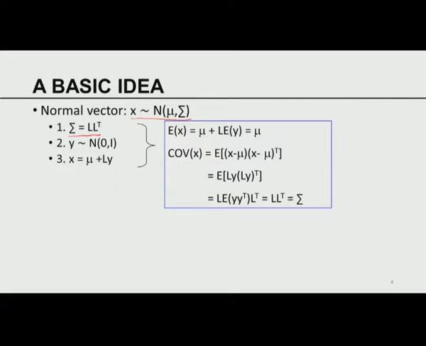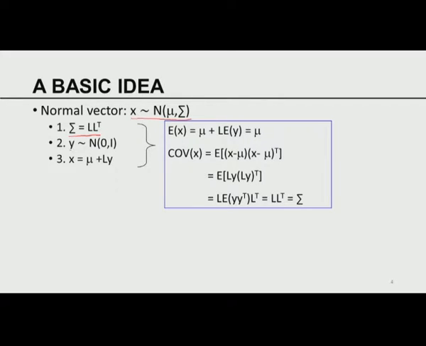The Cholesky factors are also called square roots. So let sigma be equal to L L transpose, where L is called the square root of sigma. L is also a lower triangular matrix. We have already given an algorithm when we were dealing with numerical methods for solving static deterministic inverse problems. We had given the algorithm for Cholesky decomposition in great detail. So given sigma, I should be able to find L very easily.